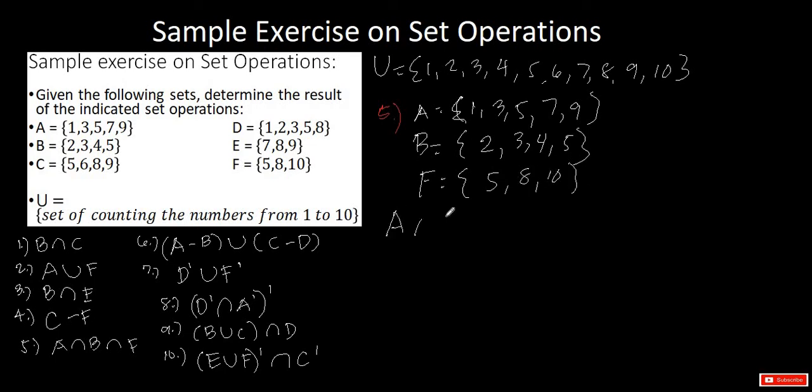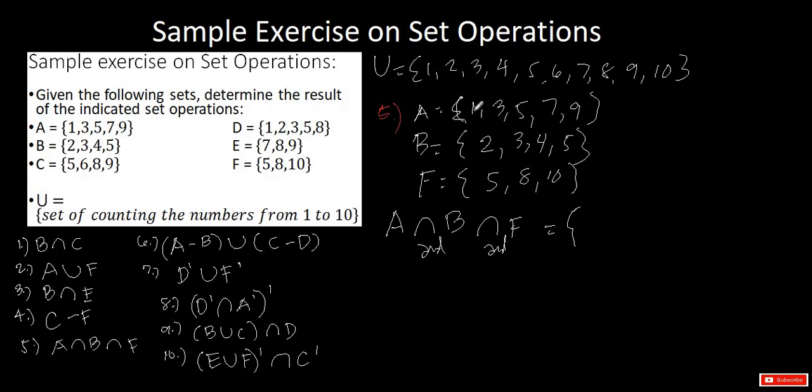Okay, A intersection B intersection F. So here we are going to find elements that are common to the three sets A, B, and F. Okay, so let's see if we can find these elements.